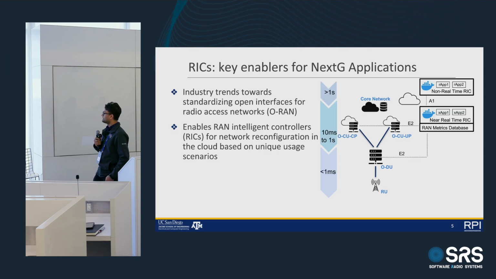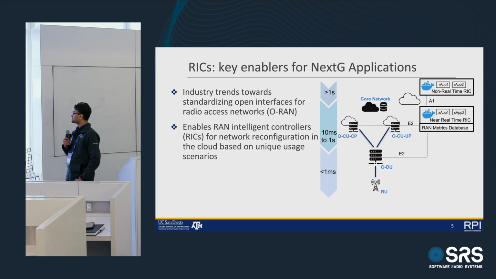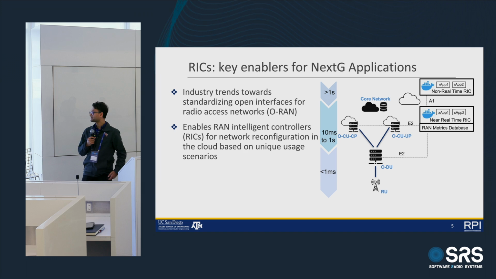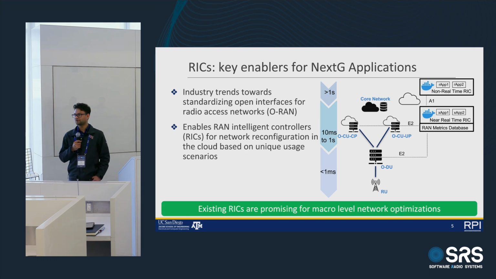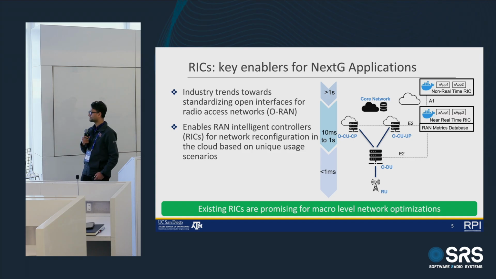Our idea is that most of the processing happens at the RU or lower DU. For example, scheduling is done on a millisecond time scale, and the existing RICs are not capable of handling any processing at the lower layers at the RU and DU.